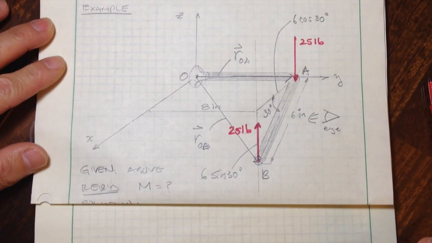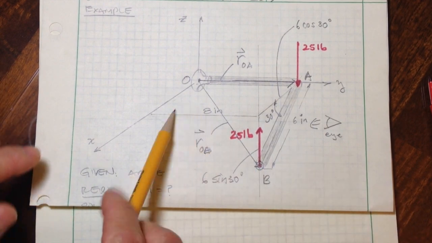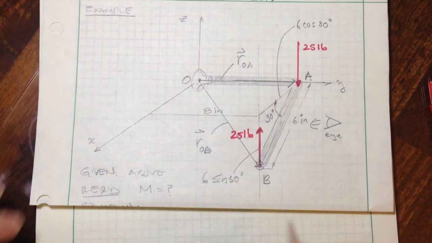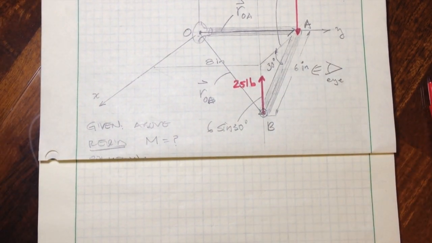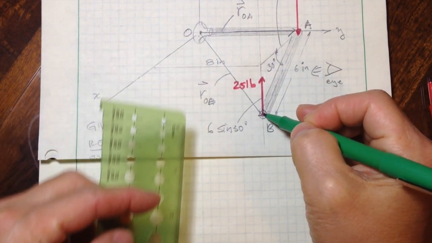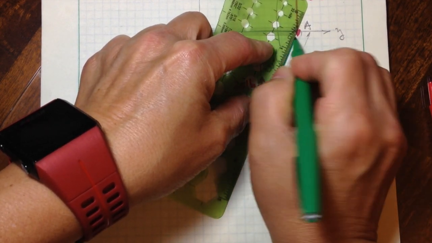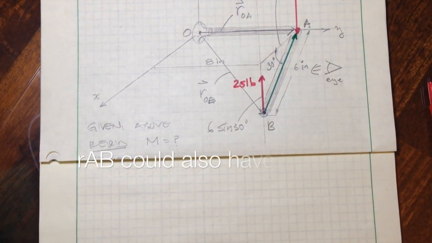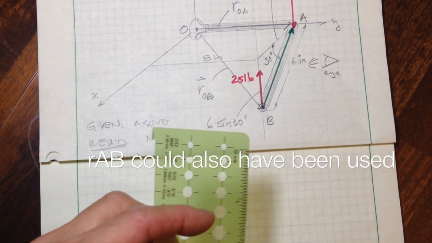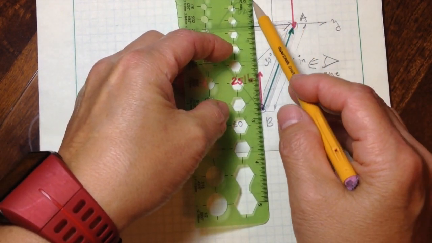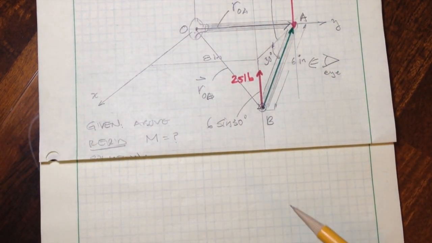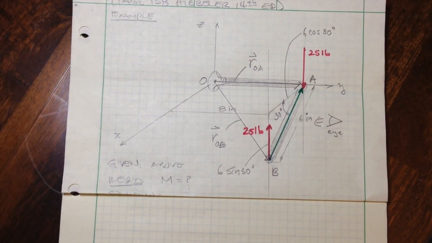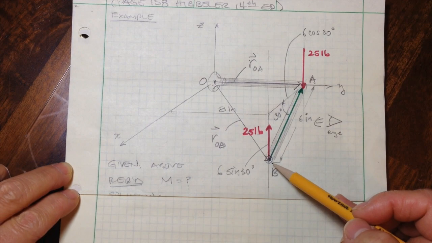So there's also another way to do this problem. Instead of using ROB and ROA, I can just find the couple moment by using a vector that begins at this point and ends at that point, meaning that position vector lies somewhere along the line of action of this force and somewhere along the line of action of this force. So another method to compute the couple moment is to use vector analysis.